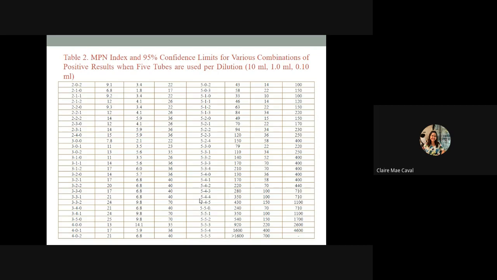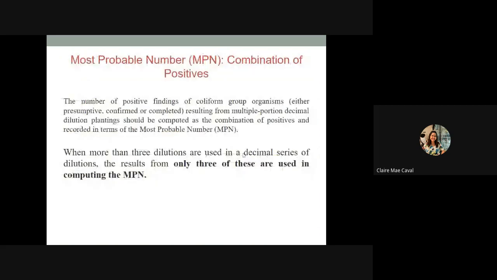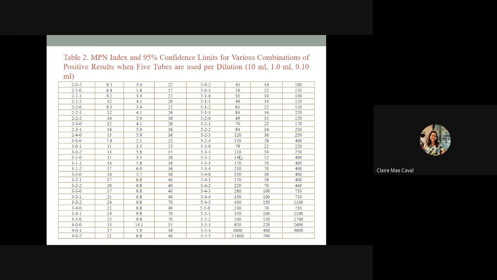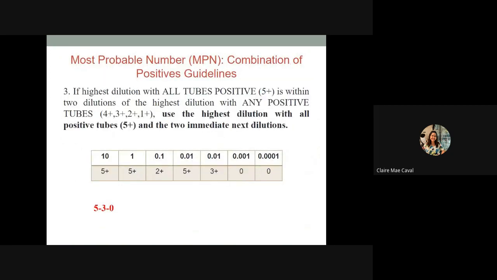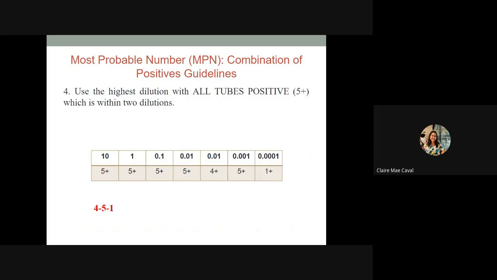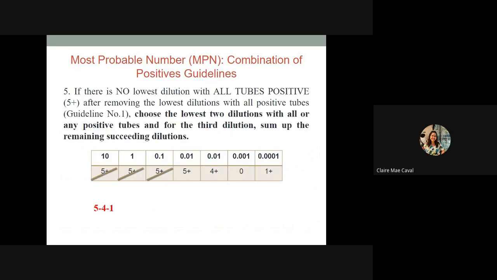Let's see. This is 541. That's 170. I mean, 542. That's 220. Let's just use 531. That's 110. So again, 531, that's 110. So let's use the formula in computing. If you have your calculator with you, you can compute with me.